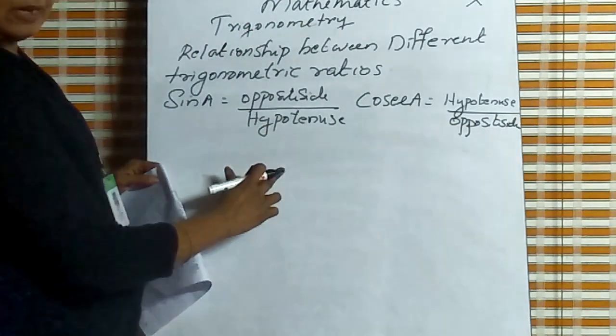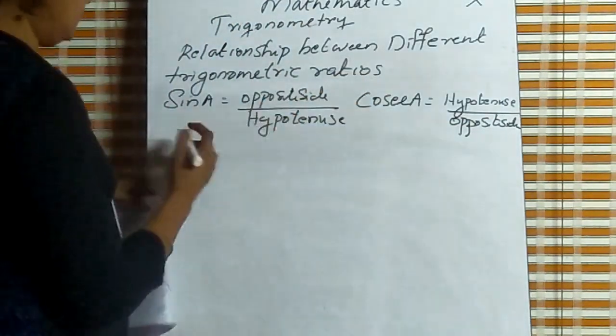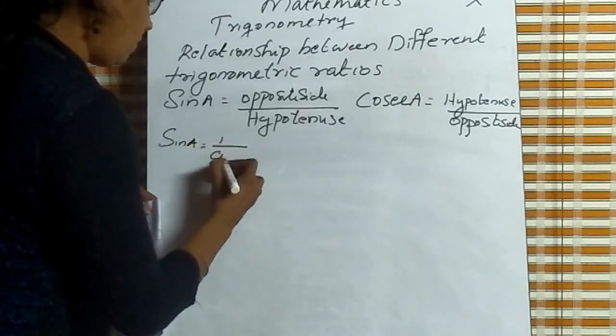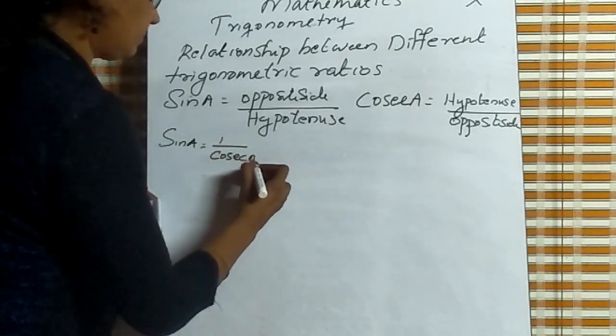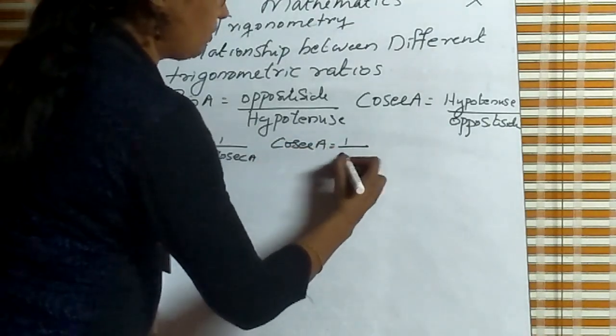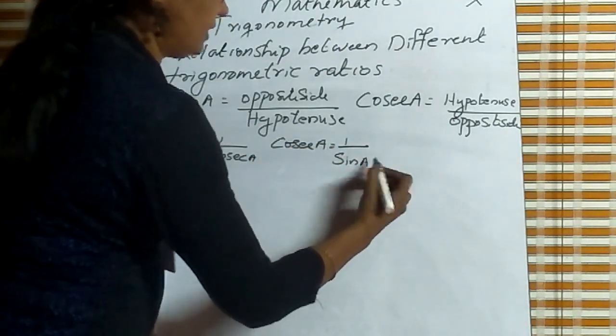Sin A is opposite side by hypotenuse, cosec A is its reciprocal. Therefore, sin A is equal to 1 by cosec A, or cosec A is equal to 1 by sin A.